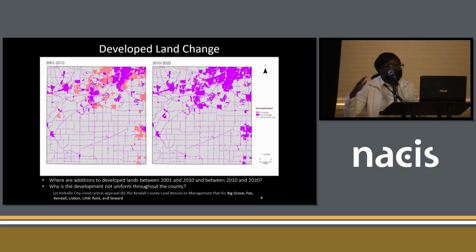And other areas, such as Big Grove, Fox, Kendall, and Lisbon, and the rest, had minimal growth because they are actually prime farmlands, and the county is looking at preserving such farmlands, so they won't build around that area.